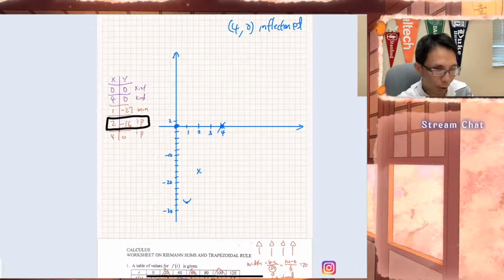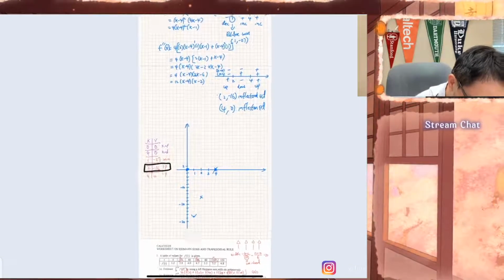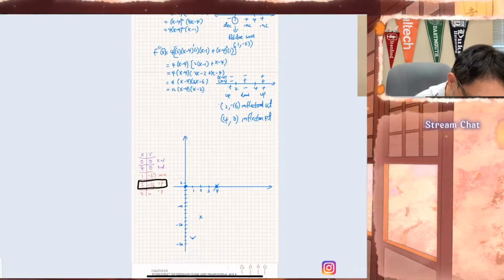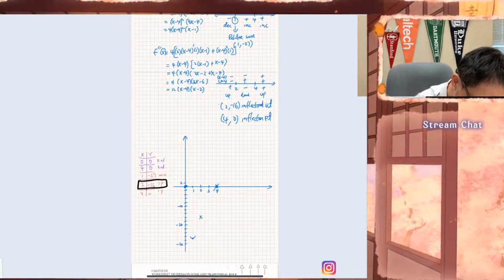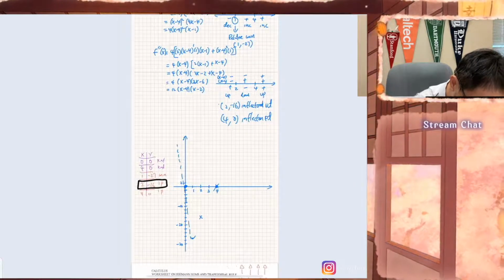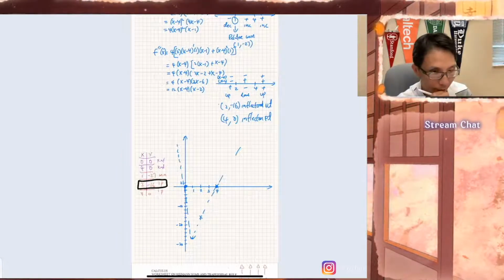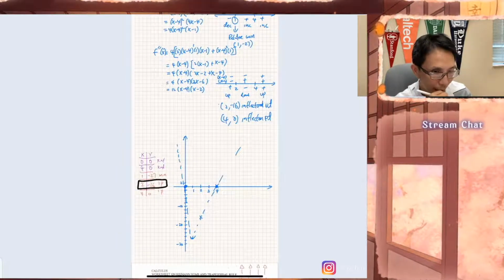So now I'm just going to graph the increasing, decreasing. So I'm going to go back to look at number lines. I start with the decreasing all the way to 1. So decreasing all the way to 1. Something like this. Now I'm going to follow the concavity after I do the sketch.